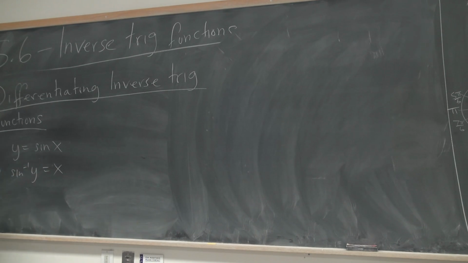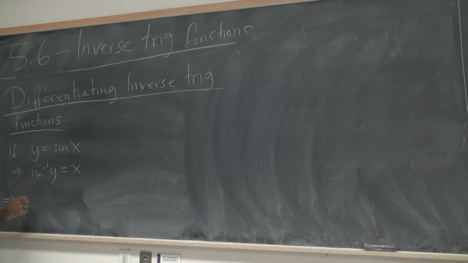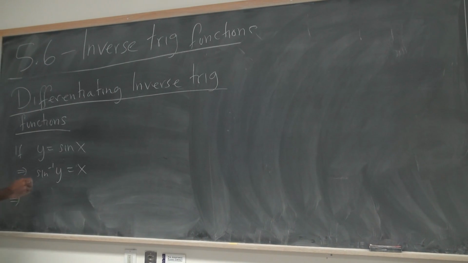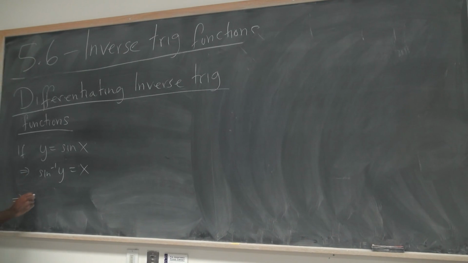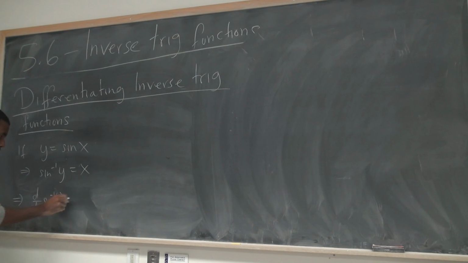So what I can do is take the derivative of this. If I take the derivative of this, what notation do I want to use? d/dx of sine inverse y. Take the derivative of both sides, d/dx of x.